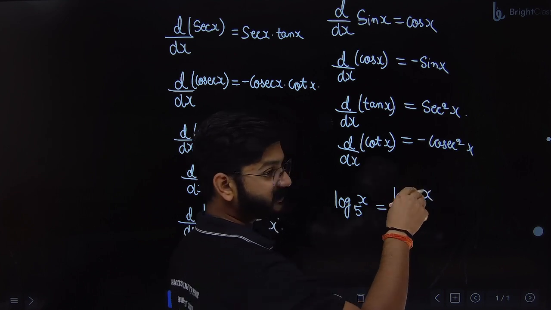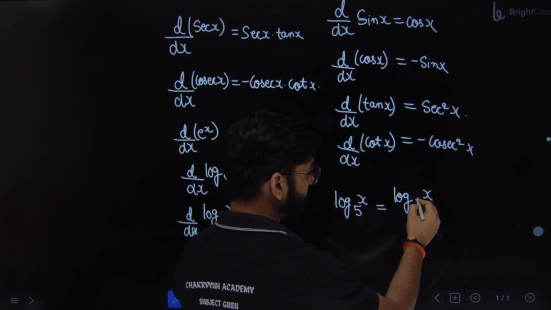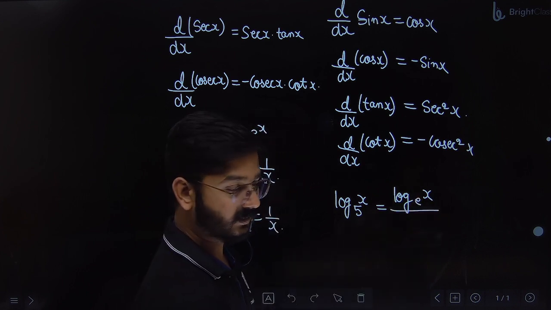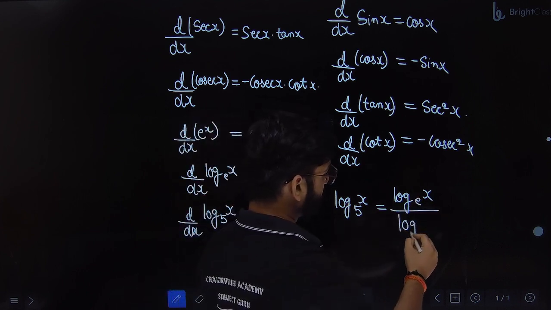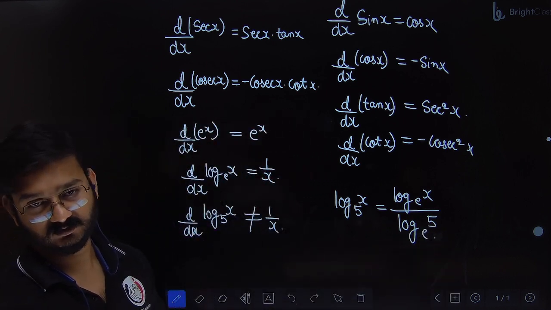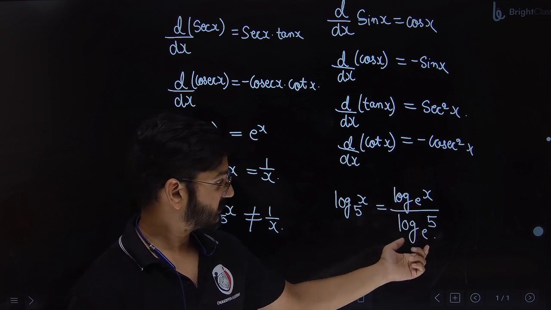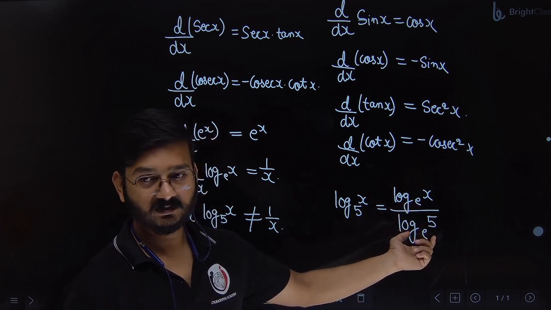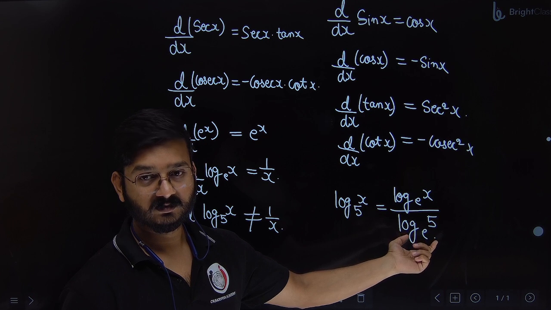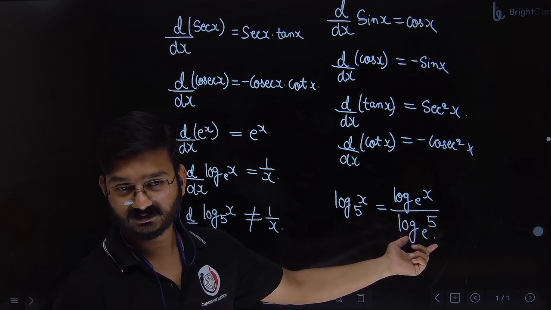Whatever base you require, create that base. I want e. Now log 5 to the base e. This is called the base change theorem. So I made the base e. Is this a constant or variable? Log 5 is a constant.